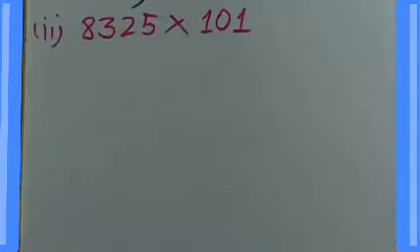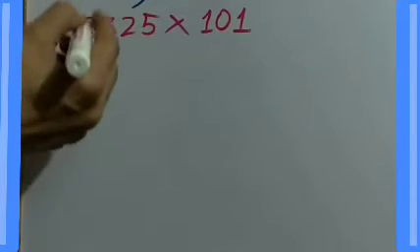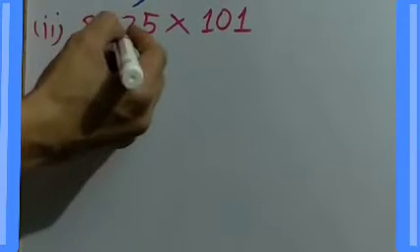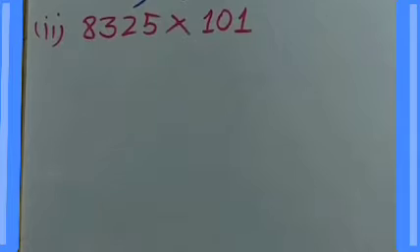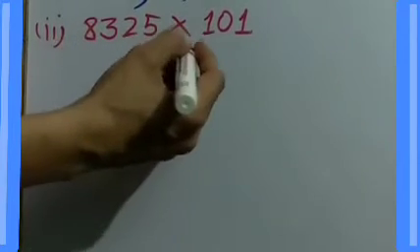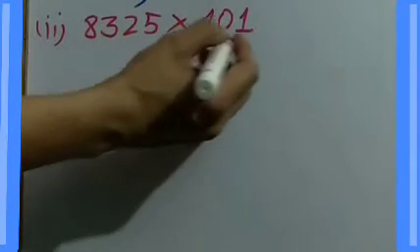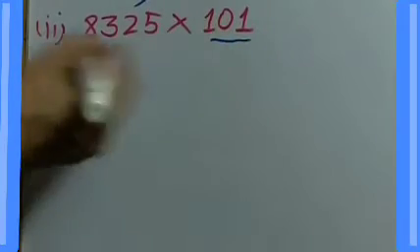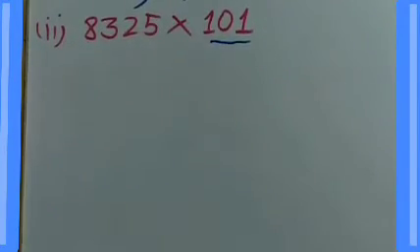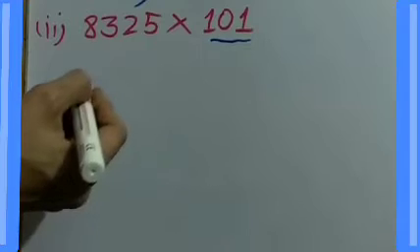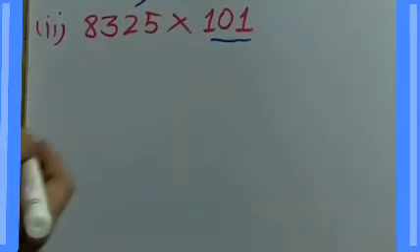Next question of this same 11th one. 8,325 multiplied by 101. Here I'll use the distributive property. For the distributive property, I'll split one of the numbers. Out of both, we can split any one, so to make our calculation easy, I split this 101.